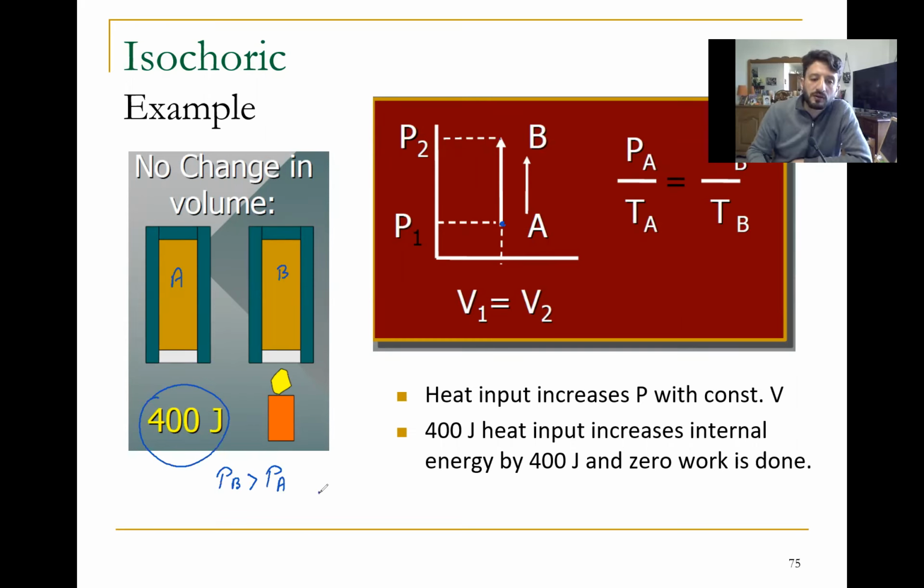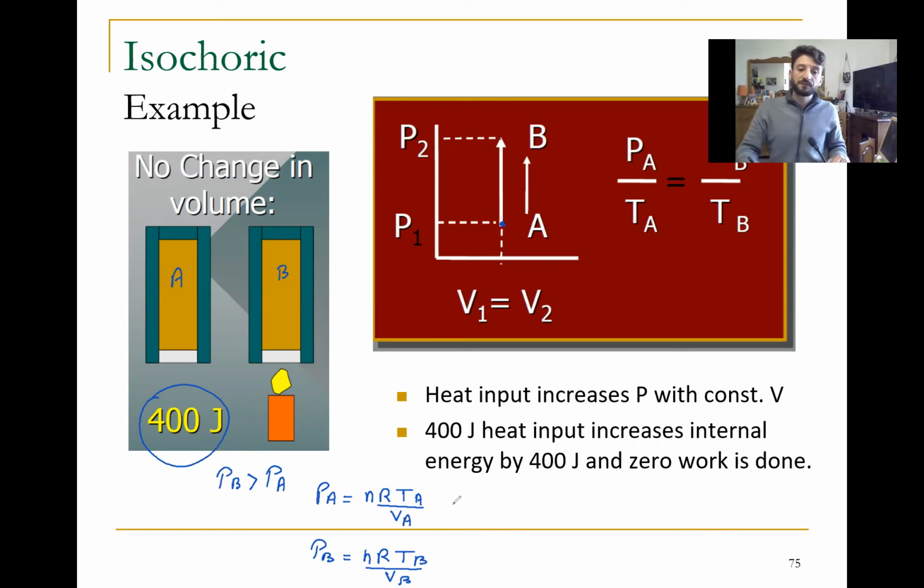You know, PA equals nRTA divided by VA, and PB equals nRTB divided by VB. You know n is constant, R is constant, VA equals VB.